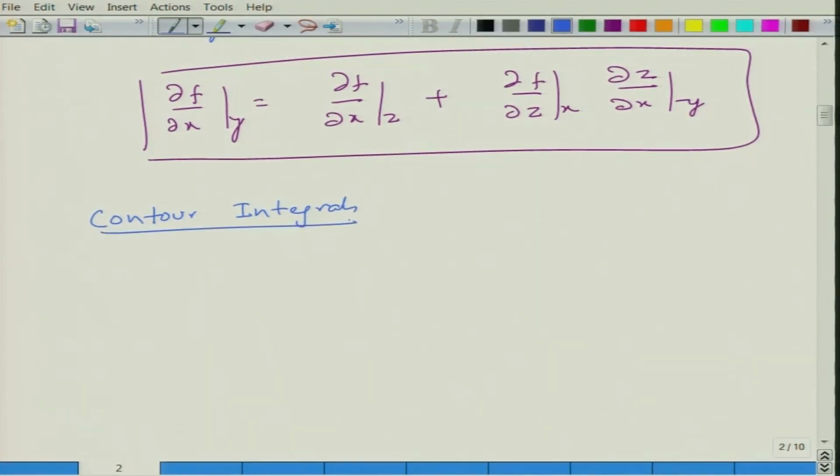relevant for thermodynamics, would be something like where f is, let us say, a function of many variables. Okay.